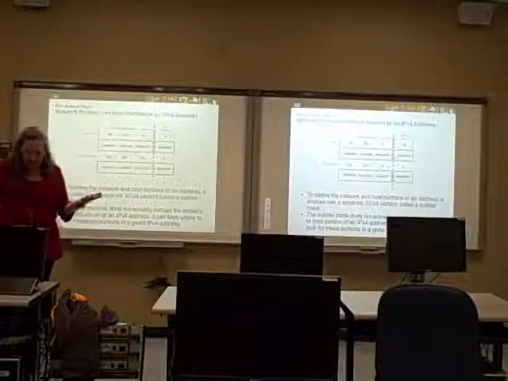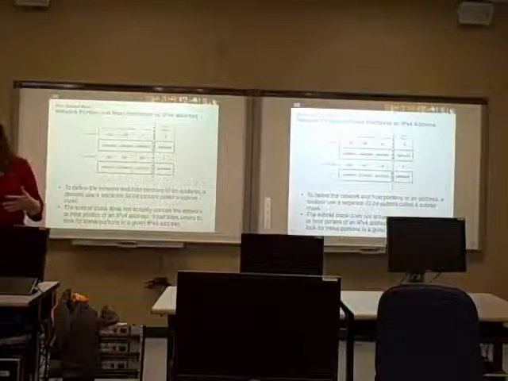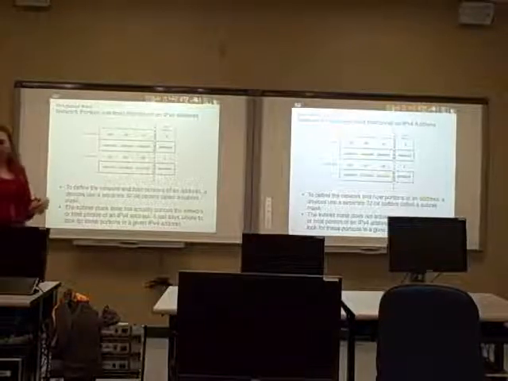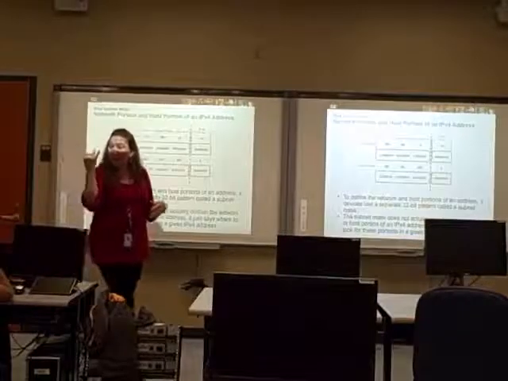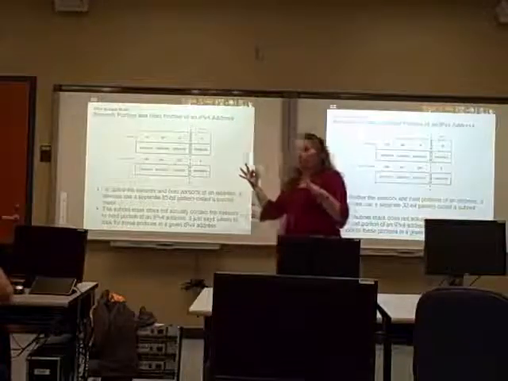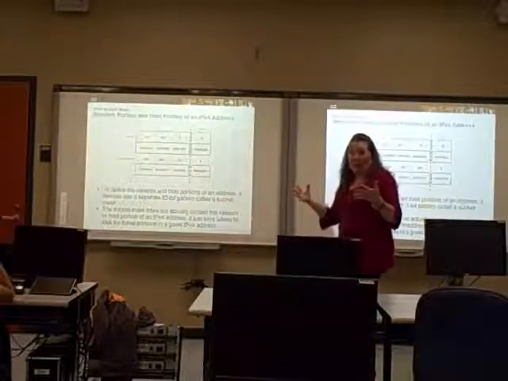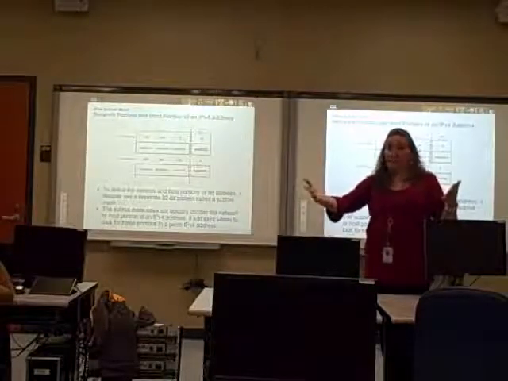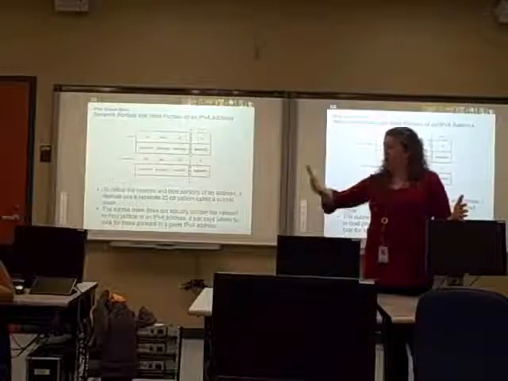Once we've come up with our IP address, we have network, we have broadcast, we have device. Okay? When we have a 24-bit network, that means that the first 24 bits are for the network. They're all ones.